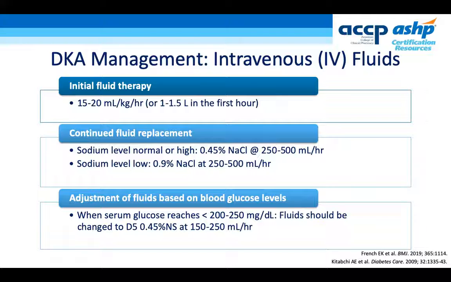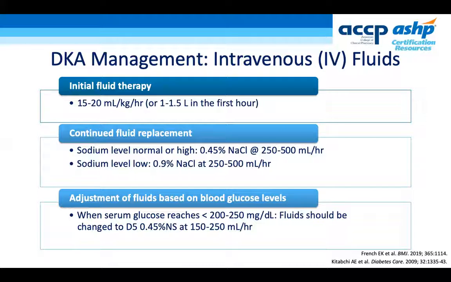Continued fluid replacement after that really just depends on our sodium trend. Since, as we talked about before, sodium can be a bit altered in patients who are hyperglycemic, and then we're also giving them a lot of resuscitation, it's important to keep an eye on their sodium levels as we go throughout treatment. So if their sodium level is normal or high, for continued replacement fluids we'd probably change to half NS at 250 to 500 an hour.